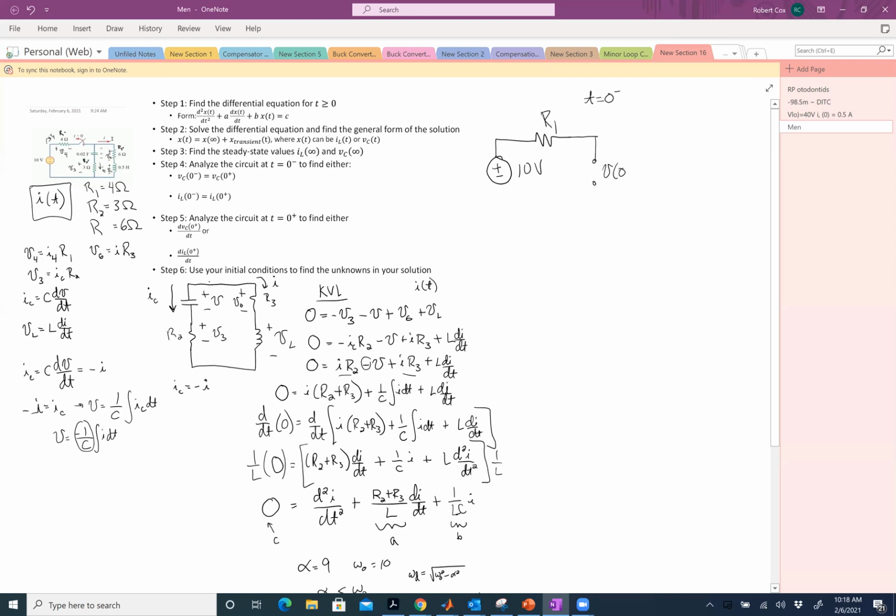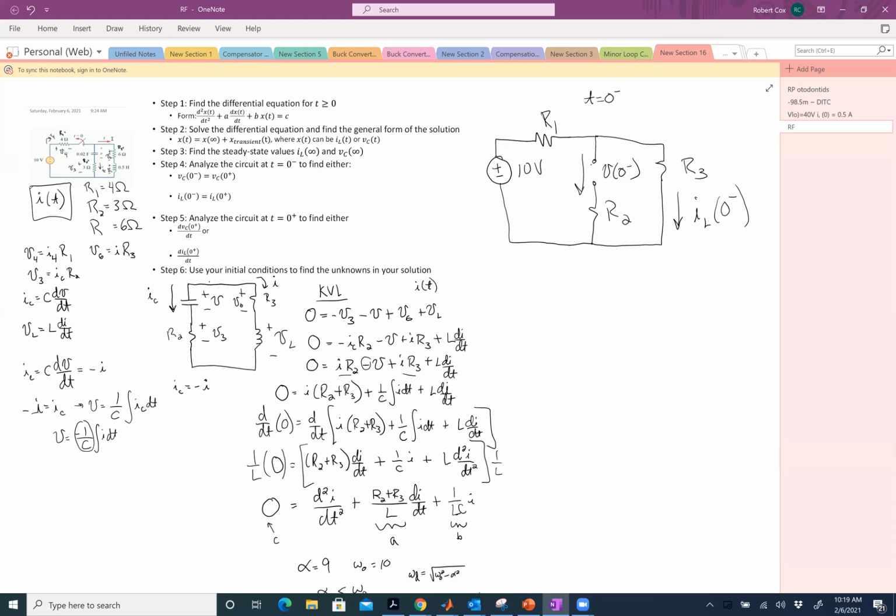So this is V0 minus. Got this resistor hanging out here, here's R2. Now on this branch, I've got my 6 ohm resistor, which I called R3, and my inductor is a short. So we'll call this IL0 minus, like that. Now, if I look at that, one of the things I can see right off the bat is there better be no current in that guy right there. There's no current in that open circuit.